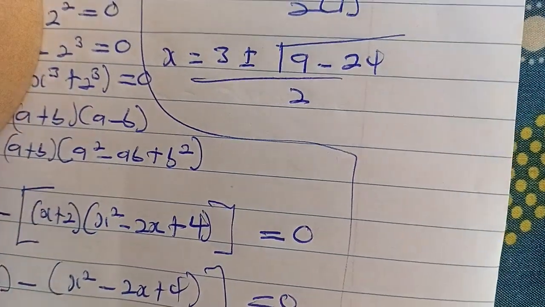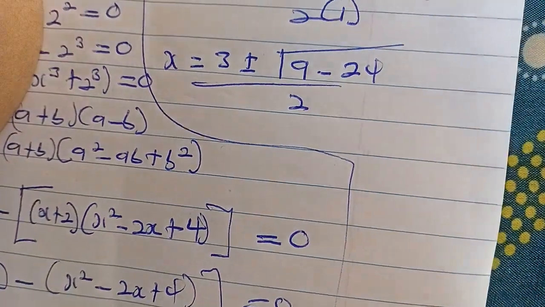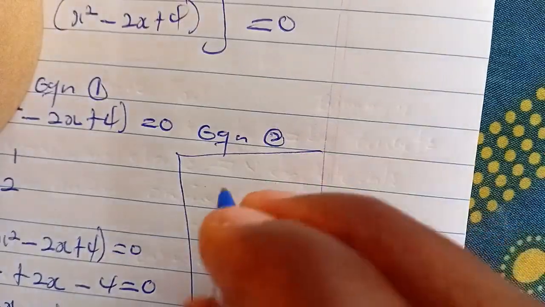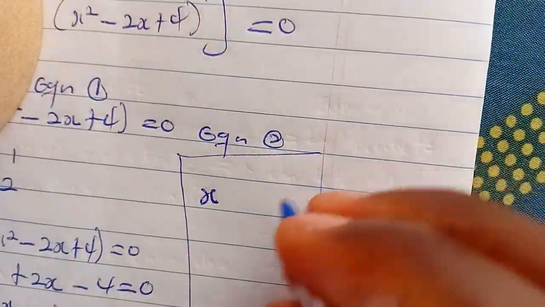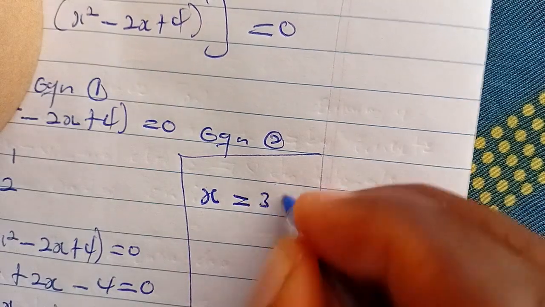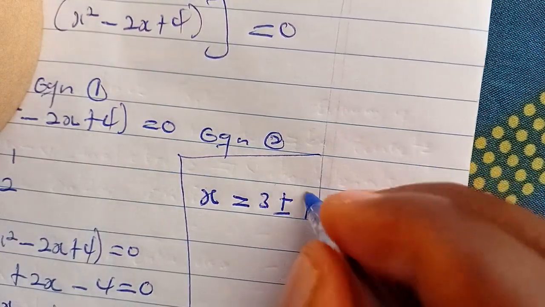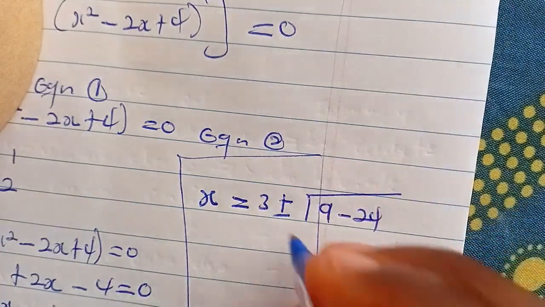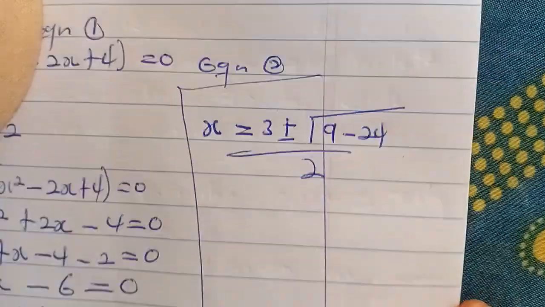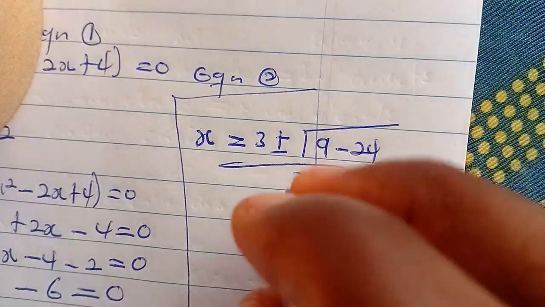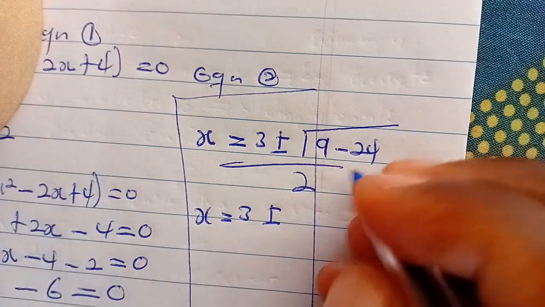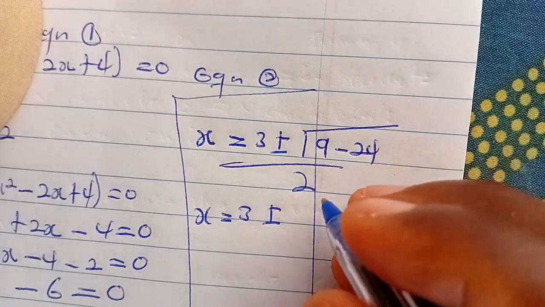Now let's solve the equation. Let me write it here. So we have x is equal to 3 plus or minus the square root of 9 minus 24, all over 2. 9 minus 24 is minus 15.